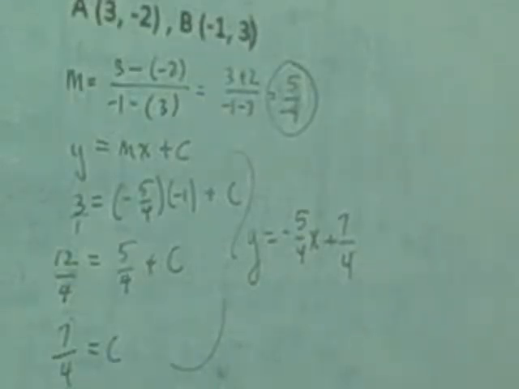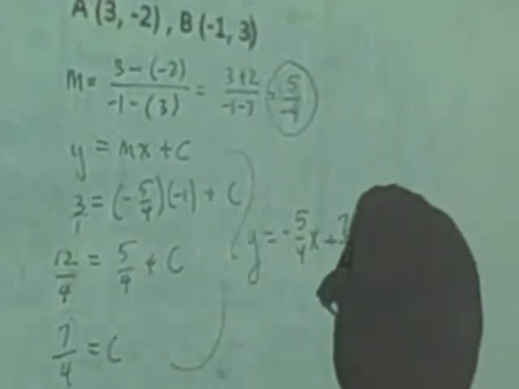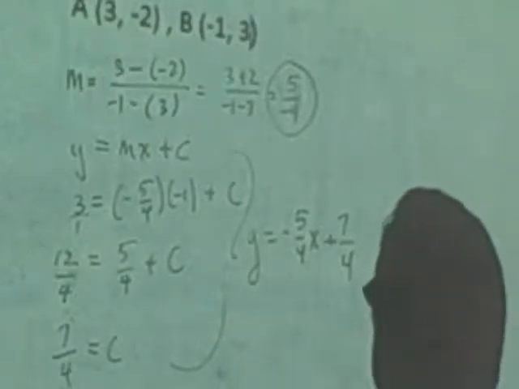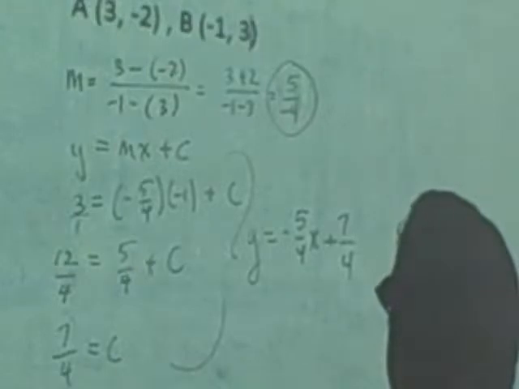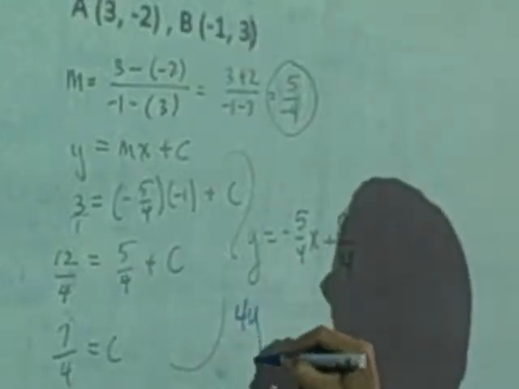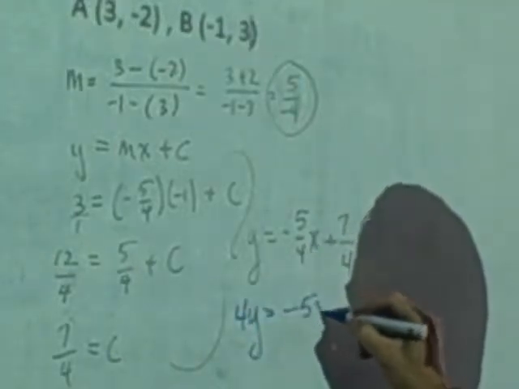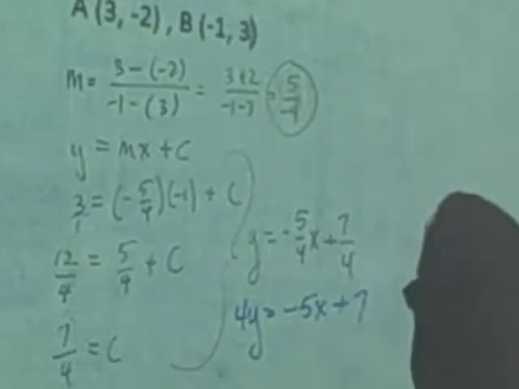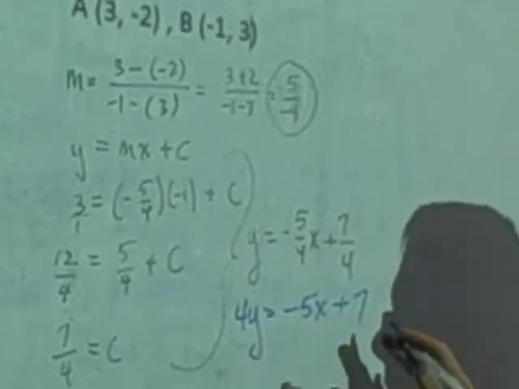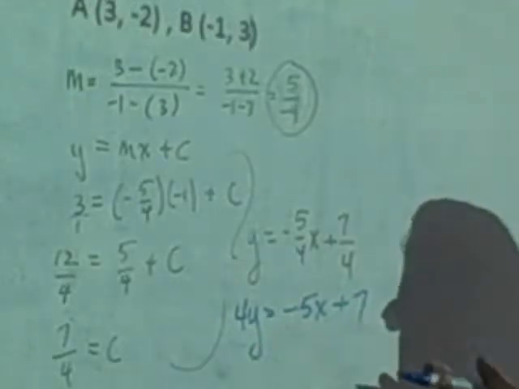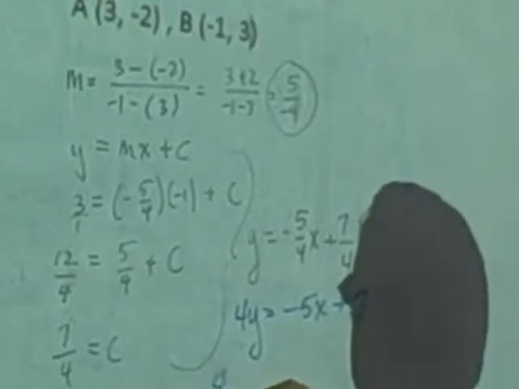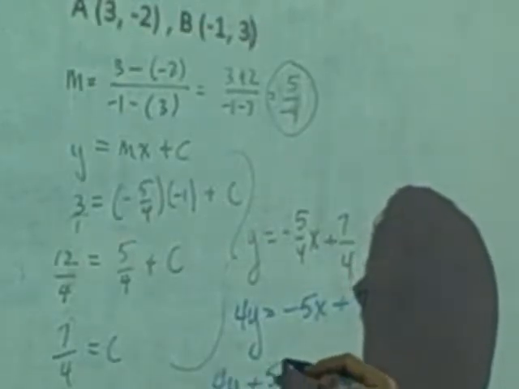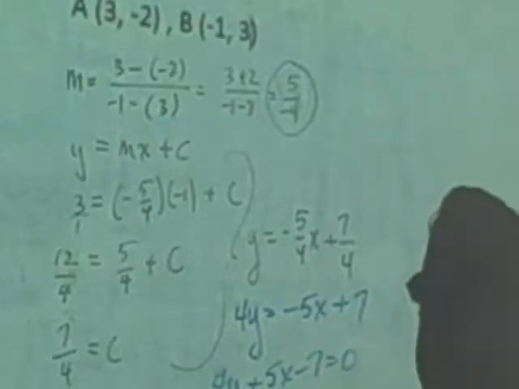Now, if we wanted to stick in general form with a, b, and c, let's multiply both sides by the common denominator here, which is 4. If I multiply the left side by 4, I get 4y. The 4's cancel here, and the 4's cancel here. Now we just rearrange it so everything other than the constant is on one side and 0 is on the other. So I get 4y plus 5x minus 7 equals 0.